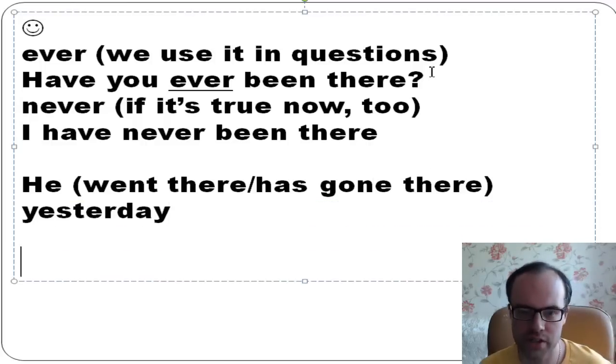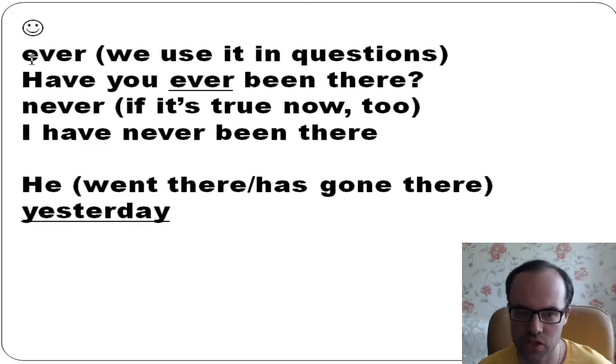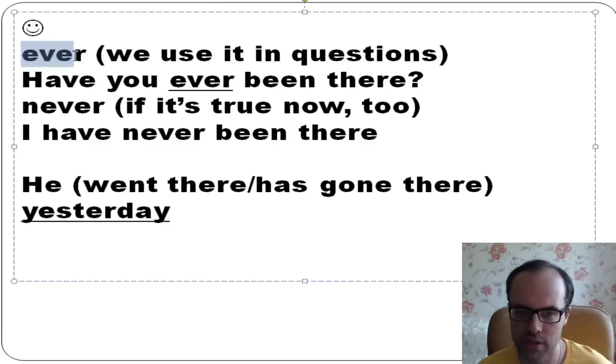So which variant is correct and why? He went there, or he has gone there yesterday. So it's about the past. You see yesterday, and you know that there are some words which tell us that we need to use present perfect. You know these words, and it's really good that you know these words.